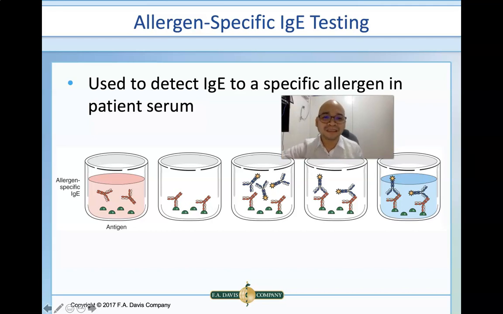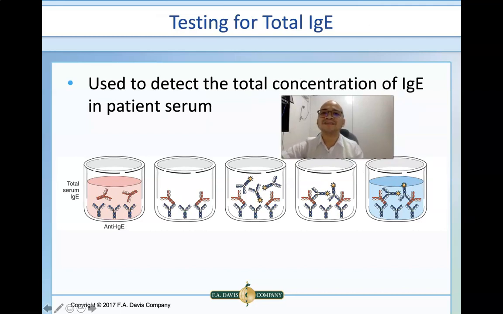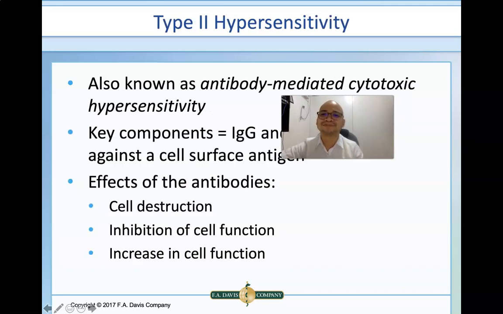Most allergologists would have a panel available whenever you consult them. By the way, allergologists are physicians who specialize in the treatment of different kinds of allergy. We also have the total IgE, which will detect the total concentration of IgE in patient serum.